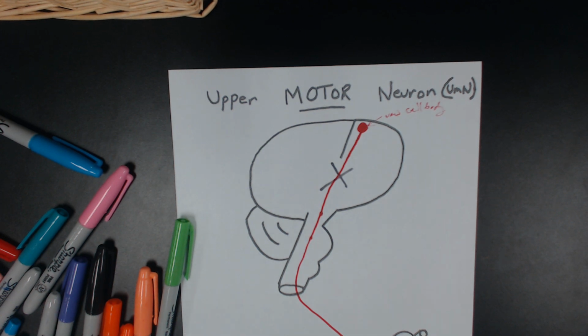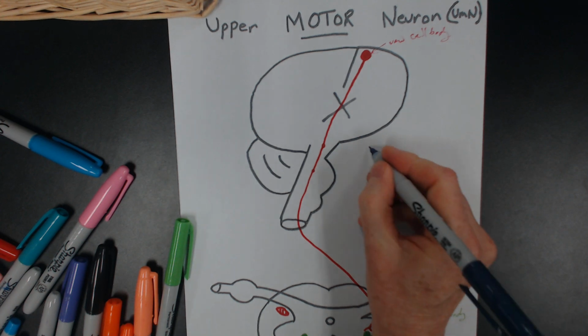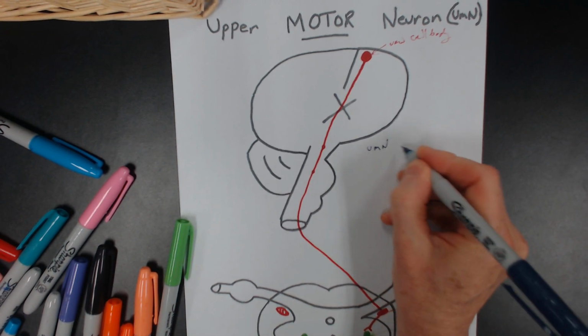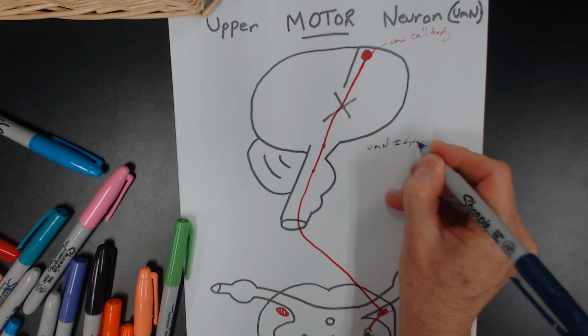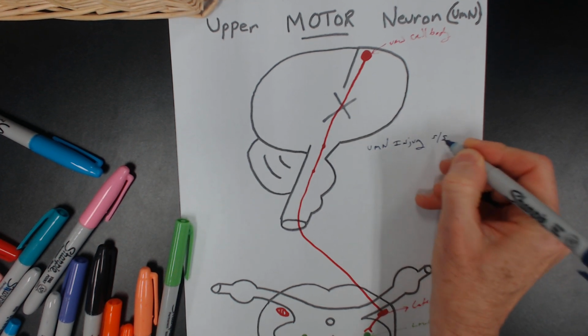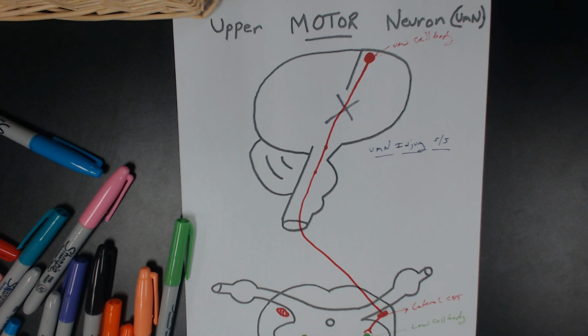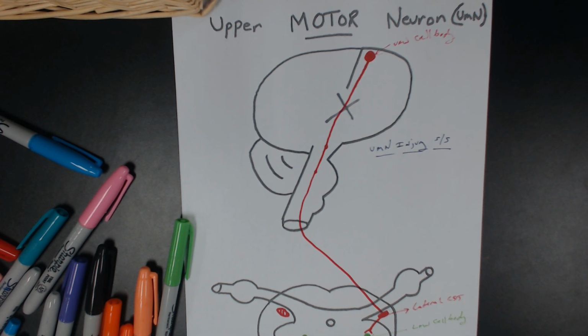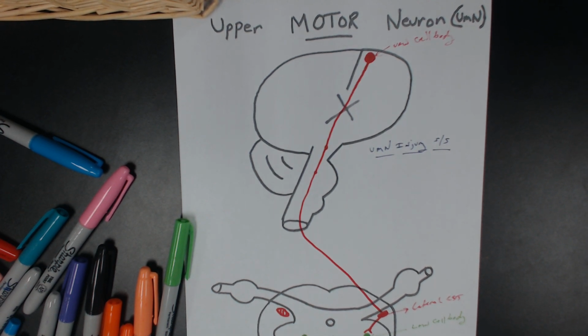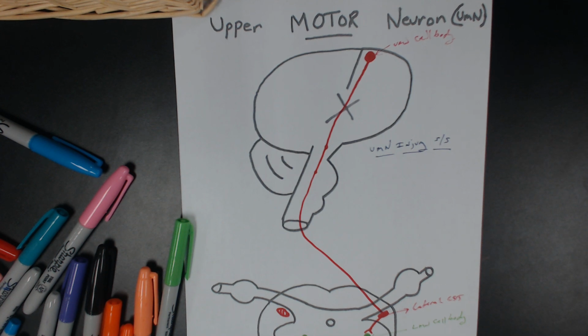So, things that you need to know: signs and symptoms of a patient with an upper motor neuron injury.